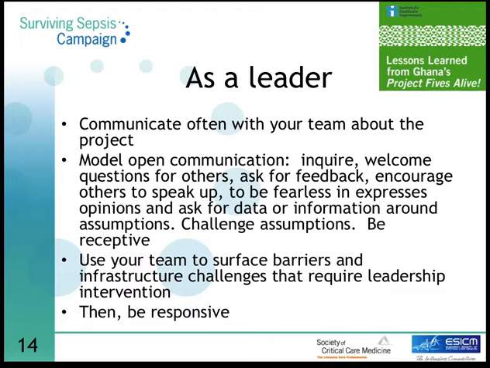And then ask for data or information around assumptions. So when you hear assumptions at the table, they can be challenged and data collected to either affirm those assumptions or reframe them. So the main thing here is to be receptive. Use your team to surface barriers and infrastructure challenges that require your leadership intervention. And then the tough part is being responsive and helping solve those infrastructure challenges and barriers.